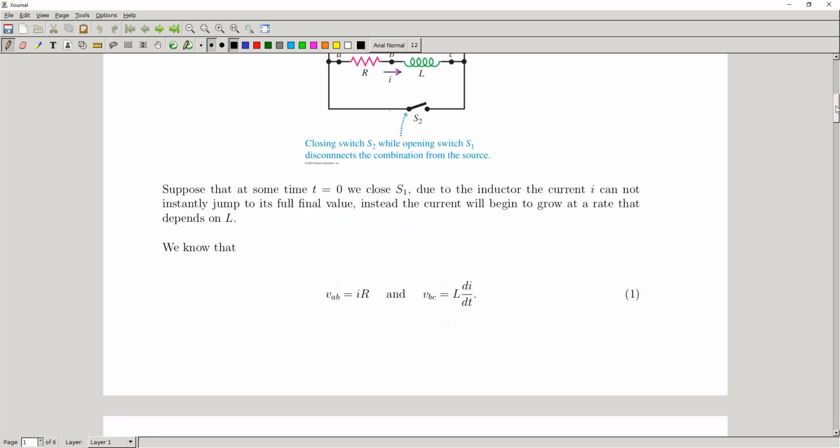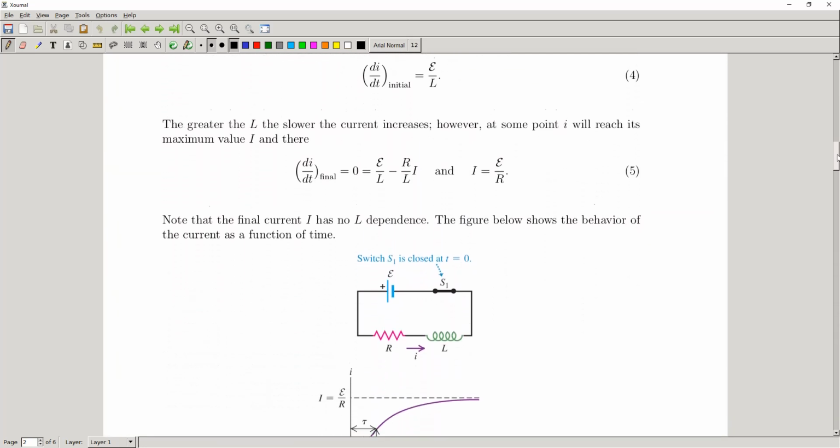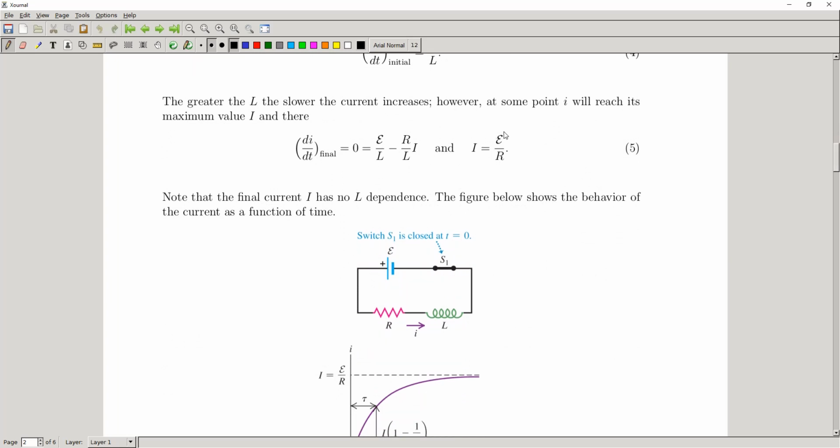So the inductor just slows the pace at which our current gets there, but we still reach the same value. We can see that here because this is just a rephrasing of V equals IR. This is just our EMF equals IR rearranged, solving for the current. So our current ends up being what we would expect it to be, but it gets there more slowly.